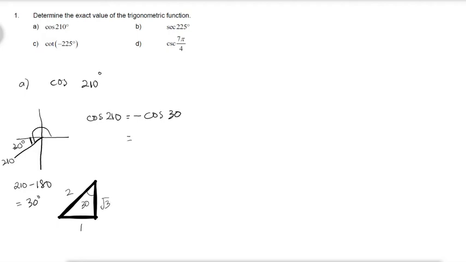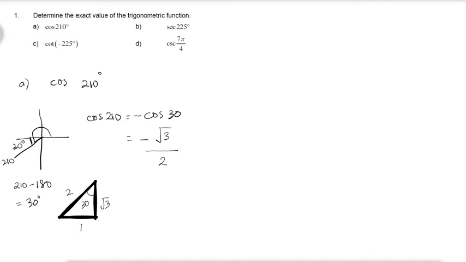Therefore, negative cos 30 is equal to negative square root of 3 over 2.